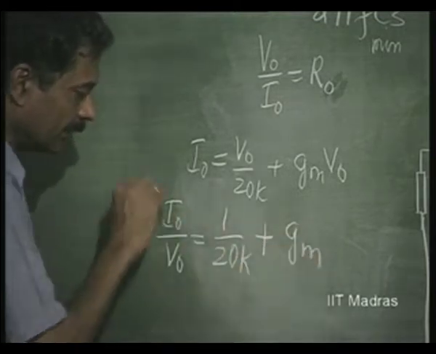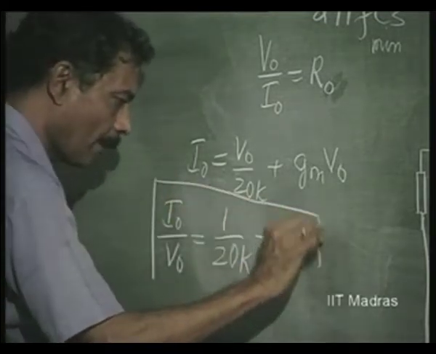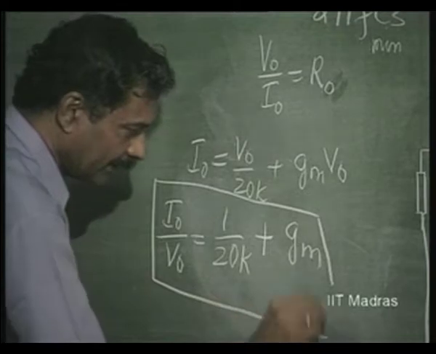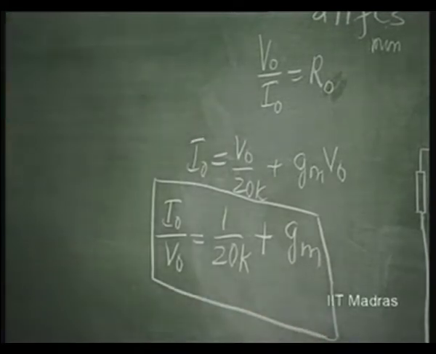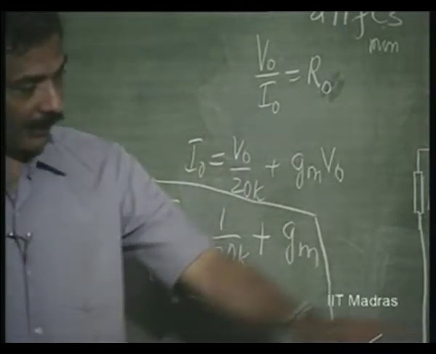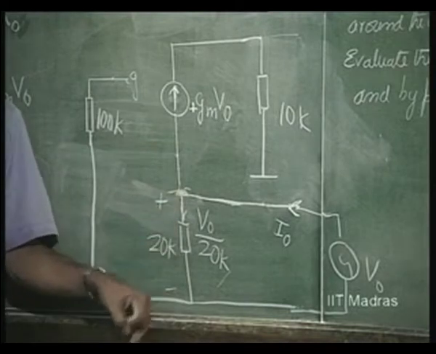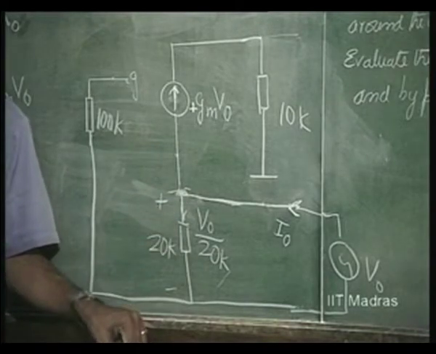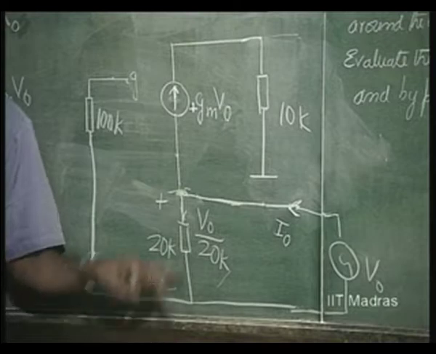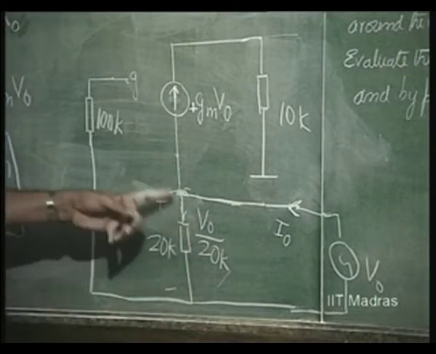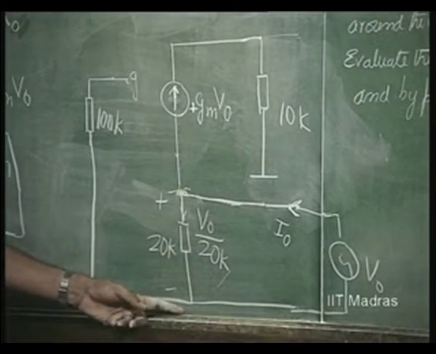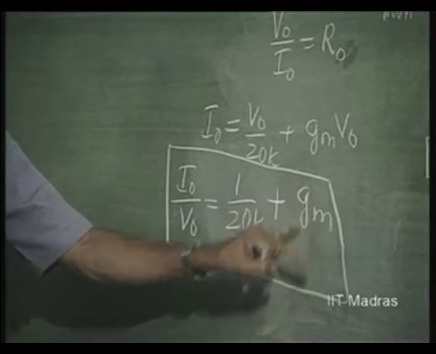This is an important relationship. What it simply says is that when I look at it from source to ground in a circuit of this type, always the impedance seen is the impedance across it, which is 20K shunted by 1 over GM.